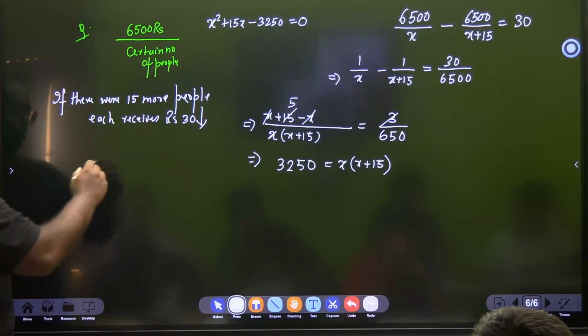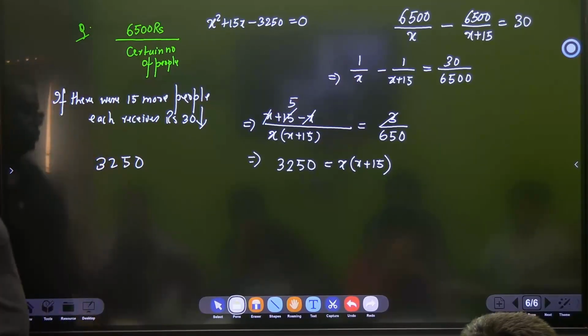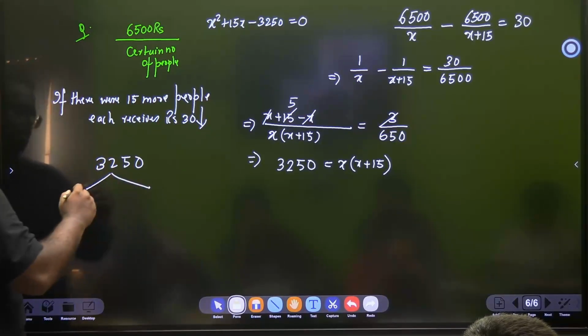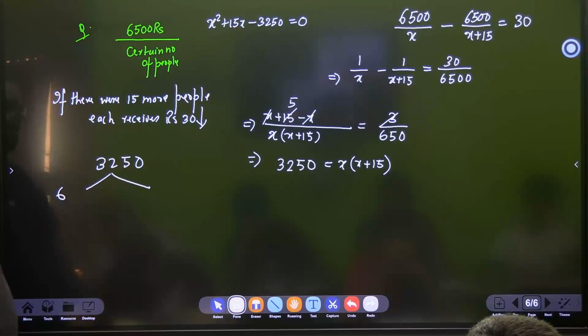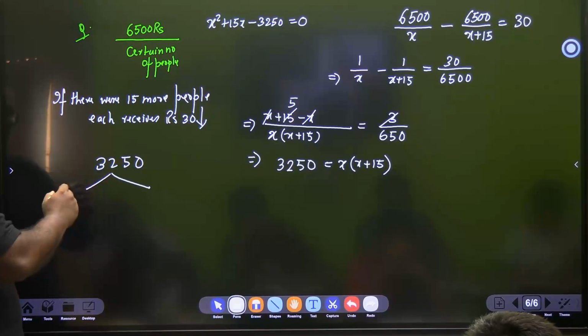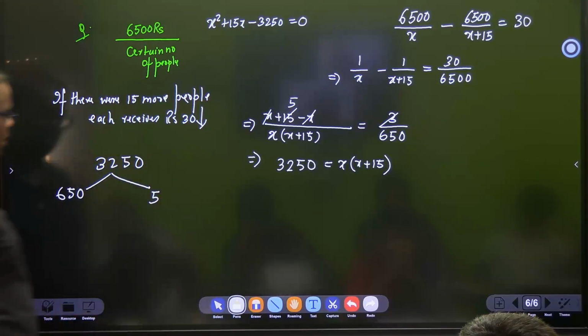So come to 3250. Let's just factorize this. 3250. Start with 5. Yeah, I think I got the answer. Very good. How much did you get? 5 times 6 is 30, so 50 is correct. Then you have 25, 5 fives are 25, and 0, and on this side you have a 5.